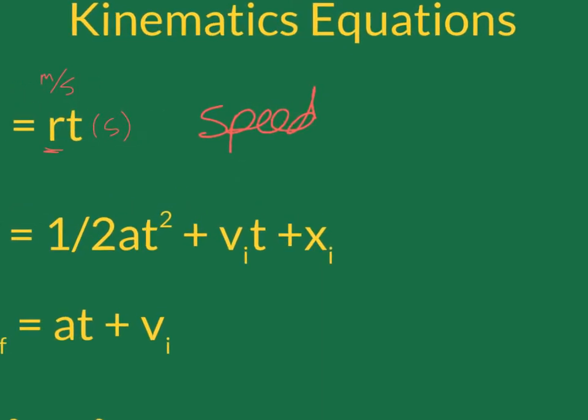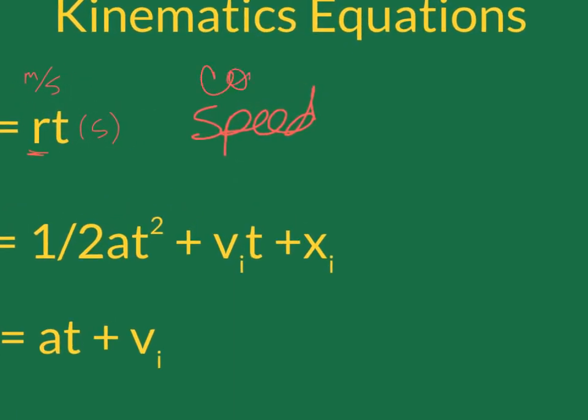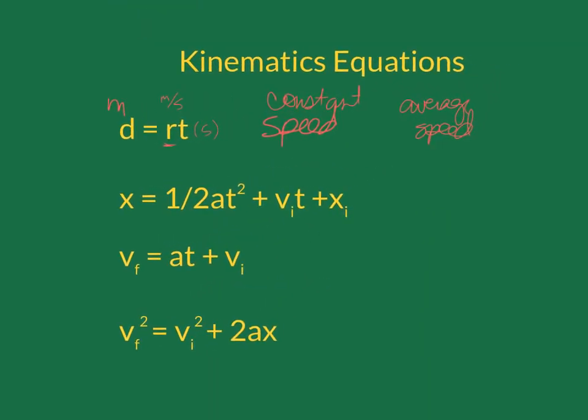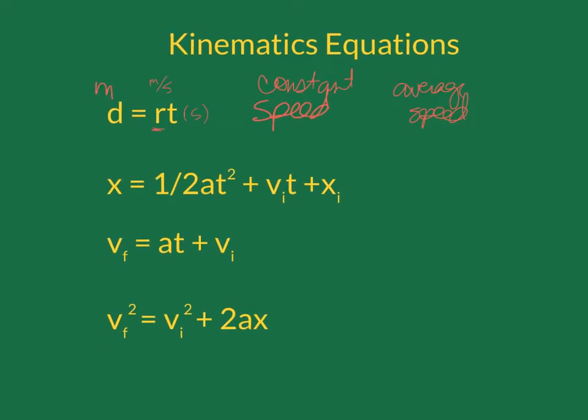It's going to be used when you have a constant speed or when you know the average speed, or constant velocity. So if you knew that it was going at the same speed the whole time, then you can use distance equals rate times time. Or if you've somehow found the average speed over its time, then you can do that. So, very good equation, still works even though you're a big kid now.